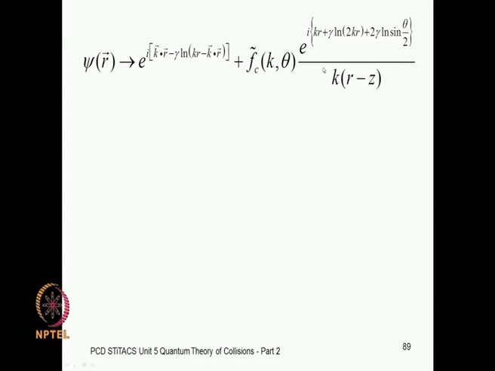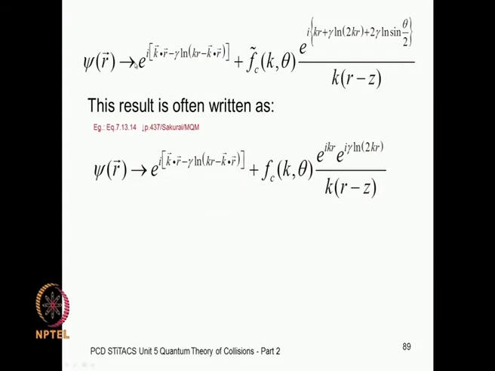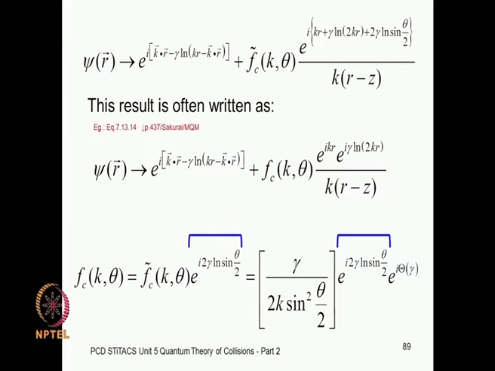Okay, so this is our solution now, and like I said, Sakurai writes this with Fc rather than Fc tilde, but then he has got a different phase here. So the difference is absorbed in the phase factor, but other than that there is no difference, okay. So it is essentially what you will find in Sakurai's book. So this is the relationship which connects our notation F tilde with Sakurai's notation Fc.